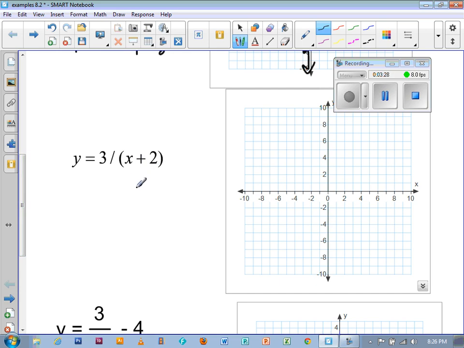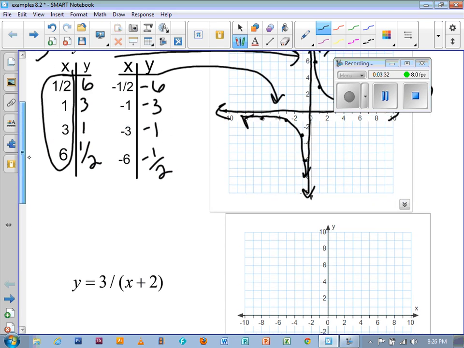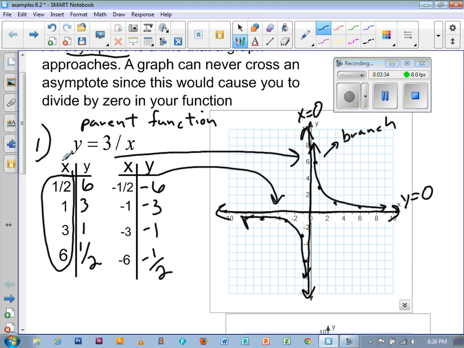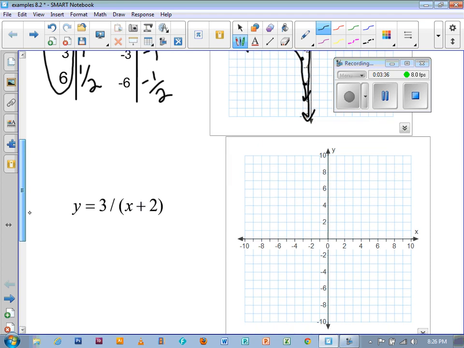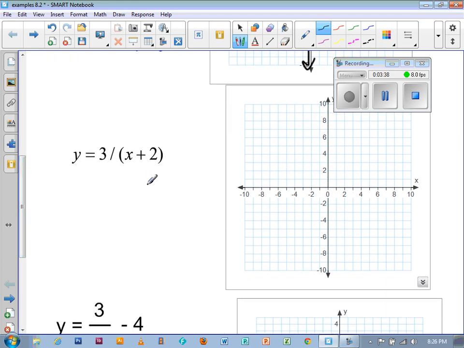Now, with these types of functions, you can translate them by simply looking at how the function is set up. For example, in this case, if we're adding 2 to the denominator, then that's going to translate the function left 2 units. It's not going to translate it up and down.